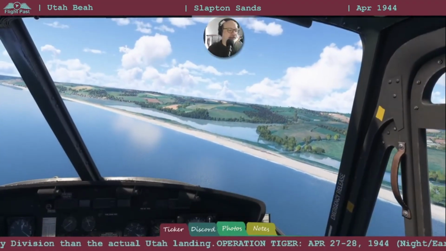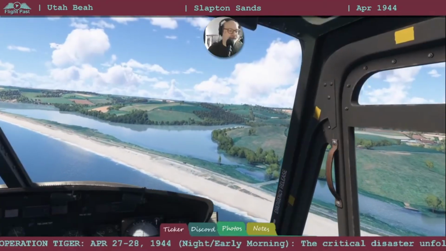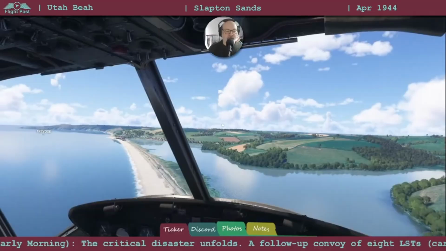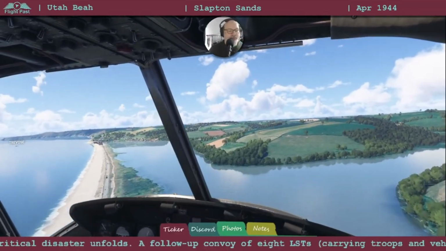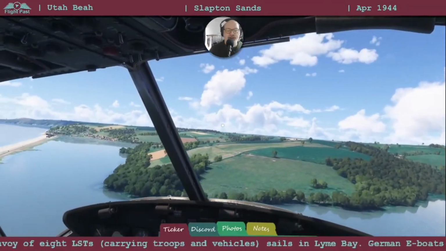As you can see here, there's a narrow stretch of road coming off. So it simulated the impact of having to maneuver along a beach and find a causeway to get off. And so this is Slapton Sands here.